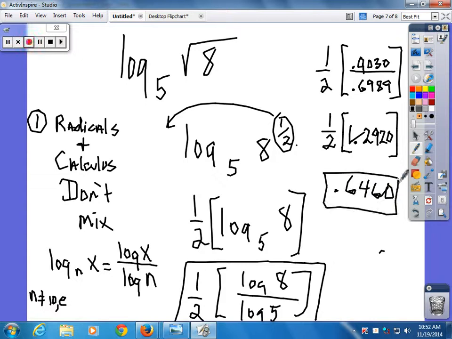Now, the book did not ask for your final answer because the book is not giving you the change-of-base formula yet. I have. So if you want to do some extra practice, whenever you get something like this, go ahead and do the change-of-base formula. And therefore, when you get to the change-of-base formula section, you'll already know how to do it.